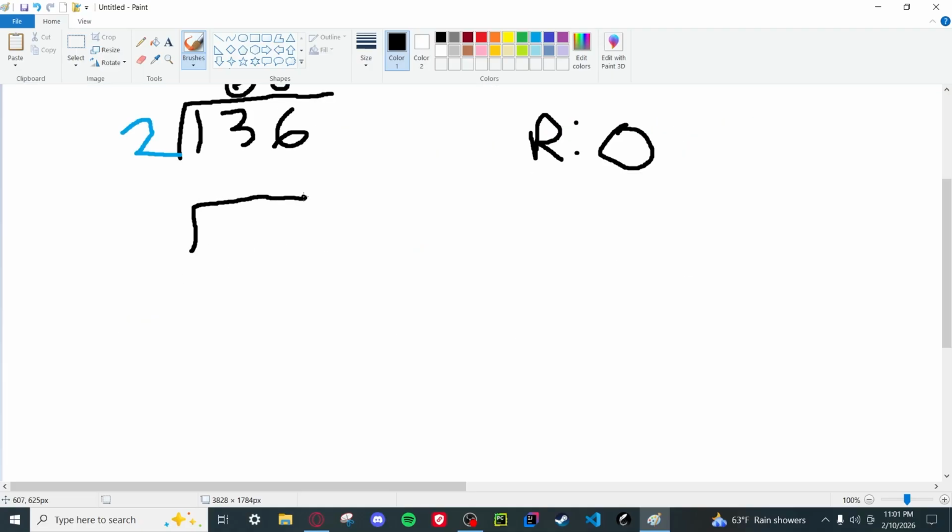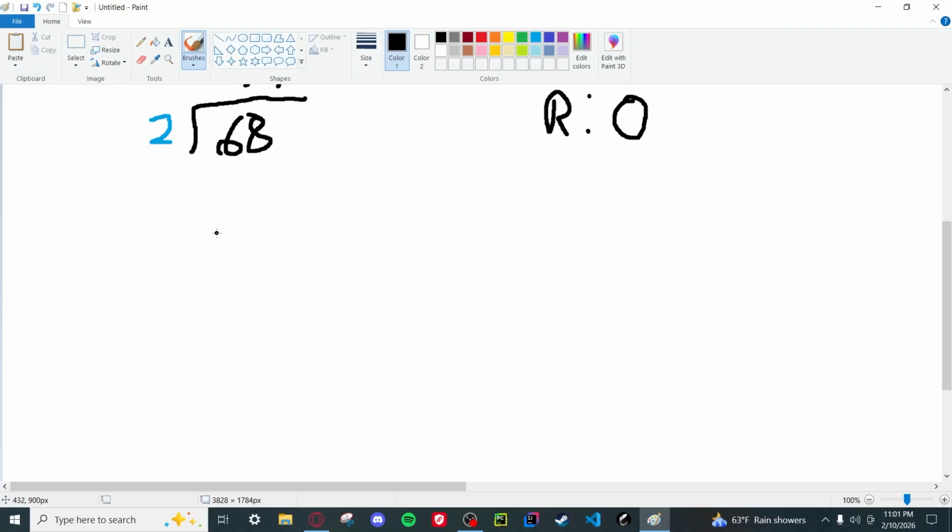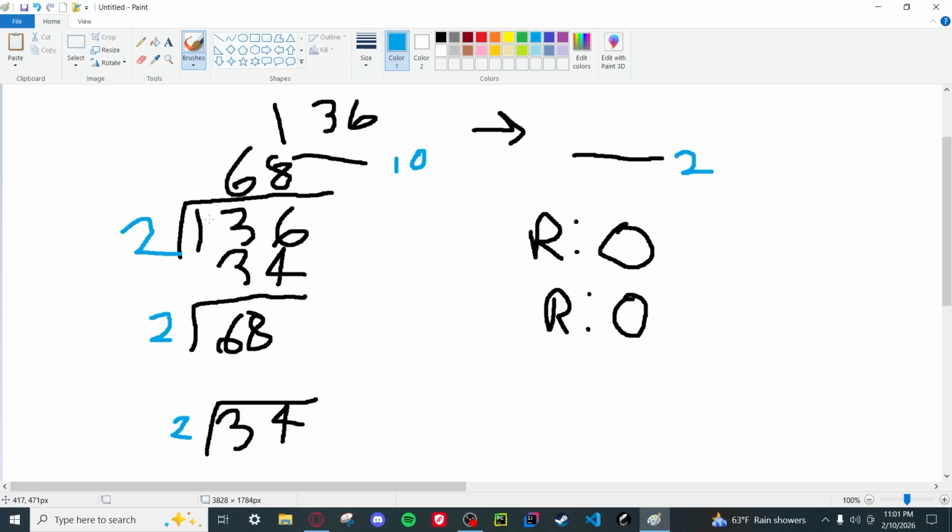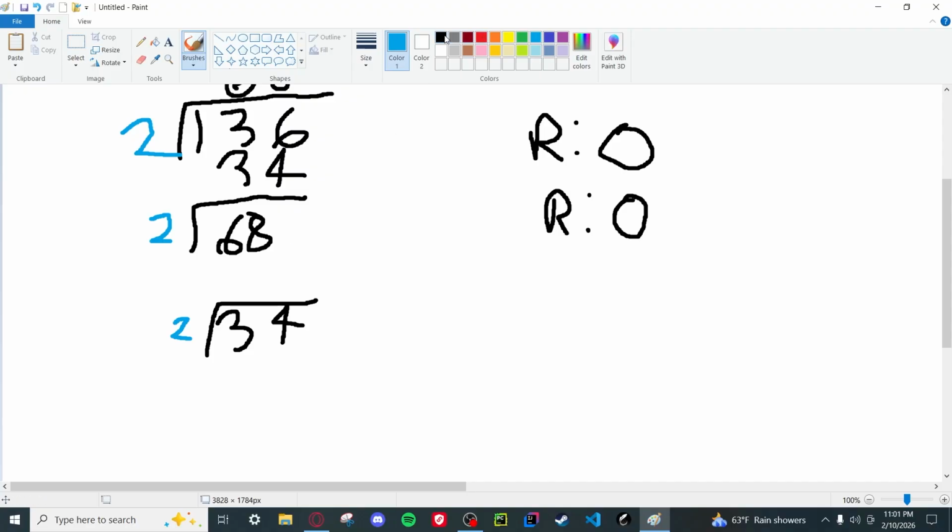Keep on going. 68 divided by 2 is 34. Is there a remainder? There is no remainder, so we're just going to have another remainder of 0. 34 divided by 2. We're taking this number and continuing the dividing with it, okay? I know that one. That's 17. See, hey guys, even I got that one. Let's go.